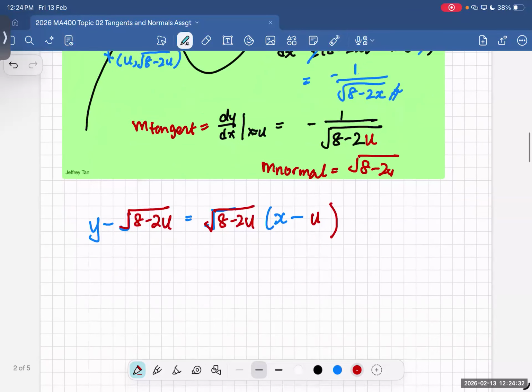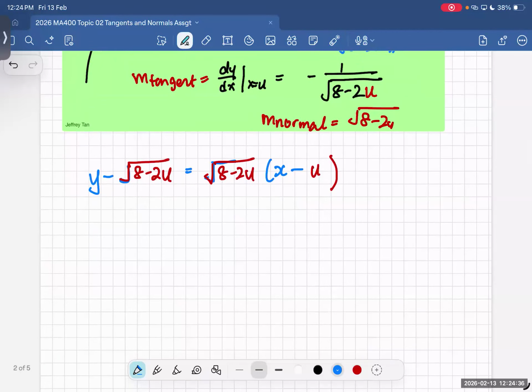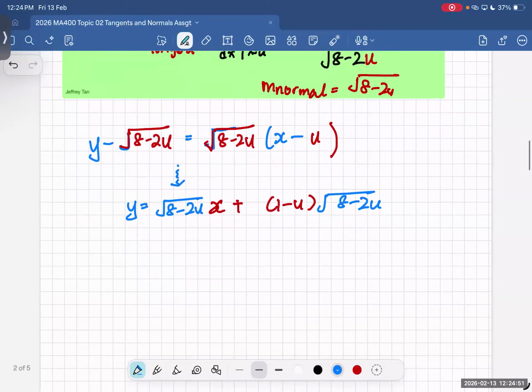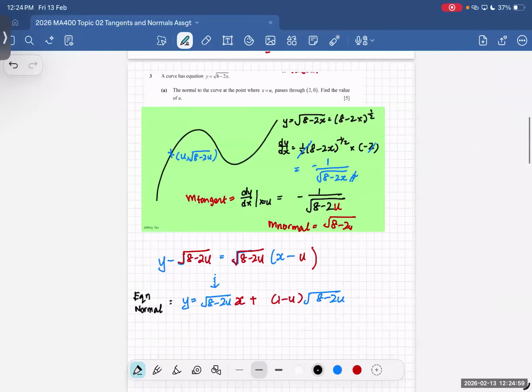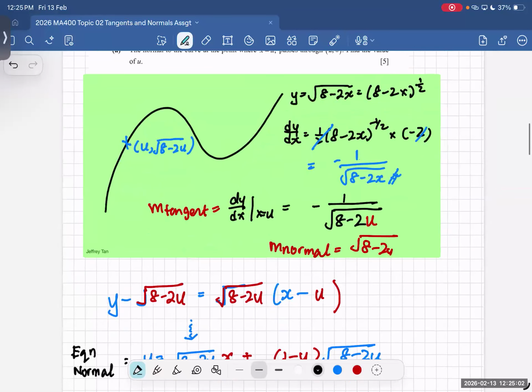So here, just put everything together and solve. You should get y equals square root of 8 minus 2u multiplied by x, plus 1 minus u, square root of 8 minus 2u. This is the equation of the normal. That's my 3a.